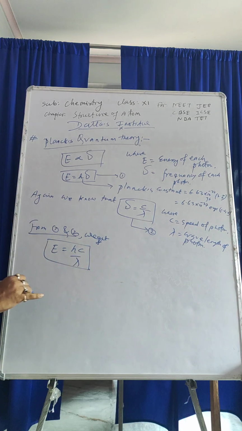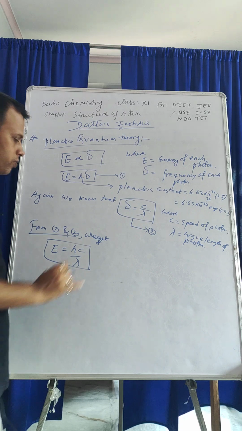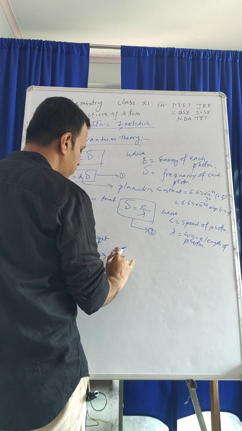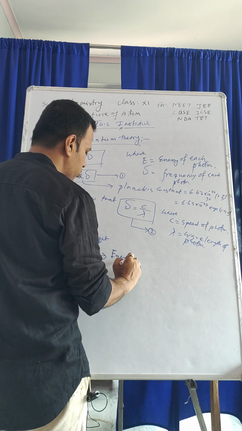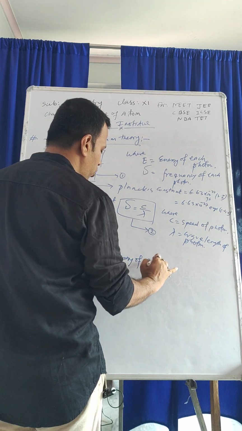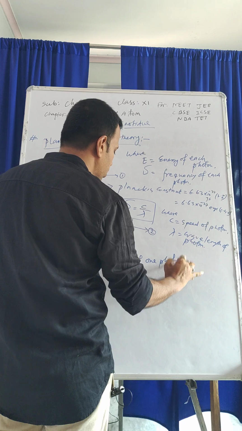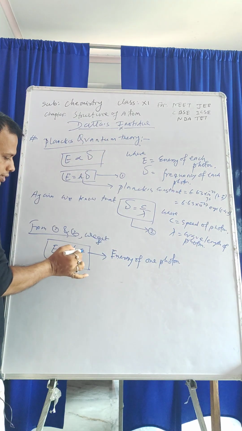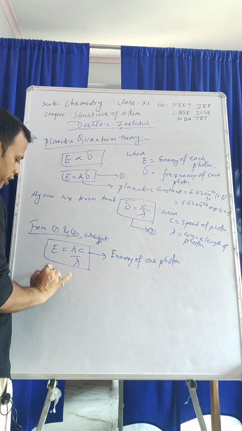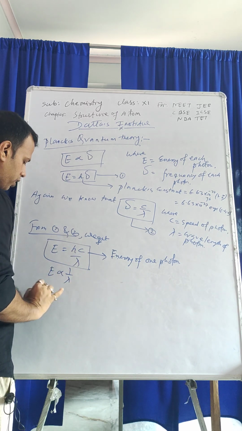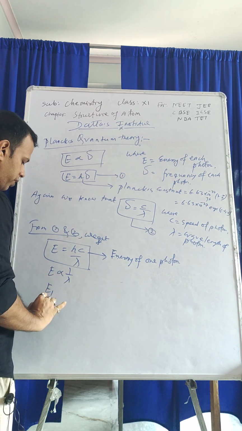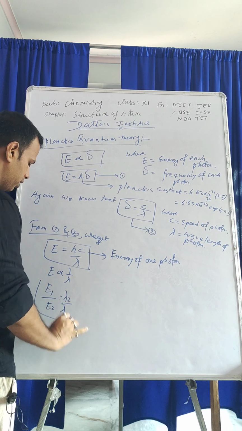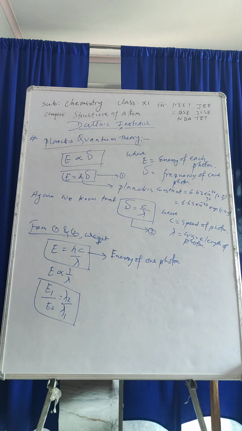So this is the expression of energy of each photon, energy of one photon. Okay, so here h and c are constant, so we can write E proportional to 1 by lambda, and from that we can write E1 by E2 is equal to lambda 2 by lambda 1. Okay, got my point? Fine.